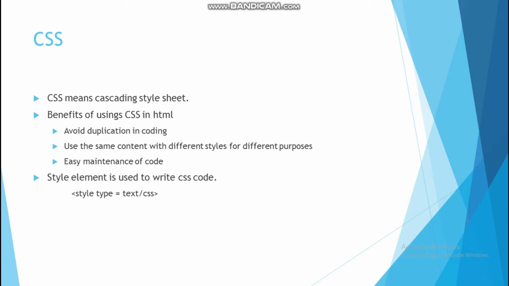Here type is attribute that can be used to specify that we are going to use CSS style sheet, because there are several different style sheets available in market. So among these we are using CSS style, and nowadays the most popular style sheet is CSS. So inside style tag we can write CSS code, and then at last we have to complete style tag using slash style.